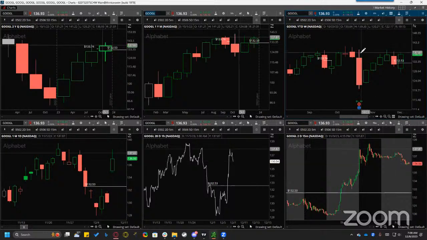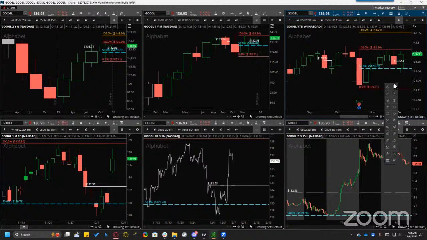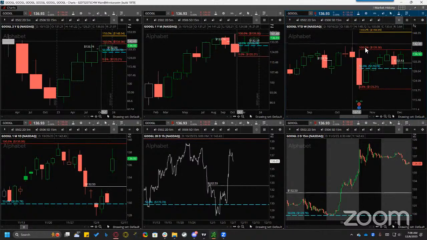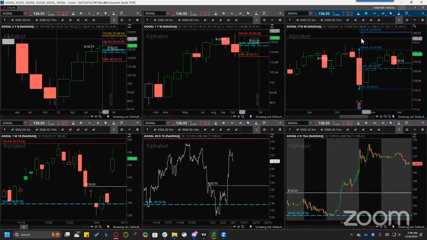Now, I know a lot of people don't want to buy breakouts and buy the highs. They feel like they're chasing, but Investors Business Daily spent a lot of time and effort on research about how much people don't trade breakouts. And the number was like 90% of swing traders don't trade those swing trading breakouts.